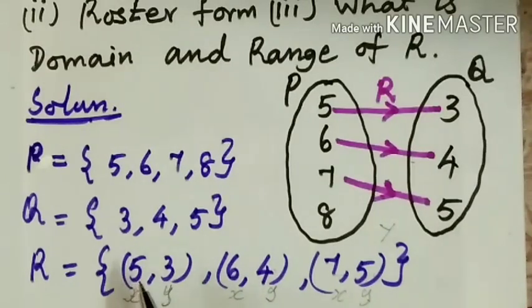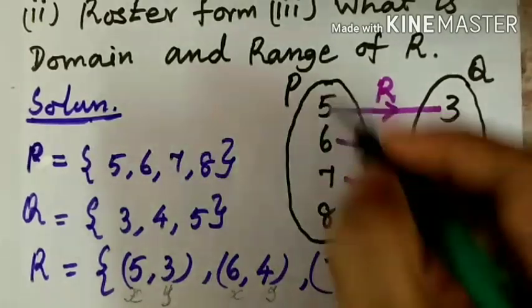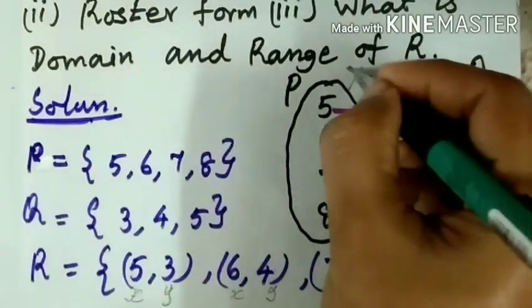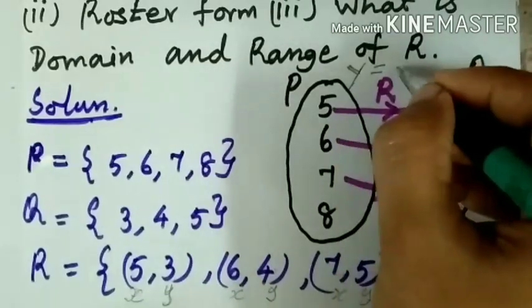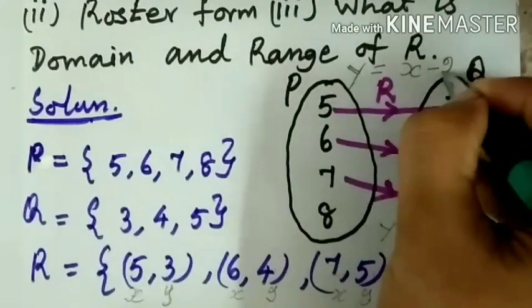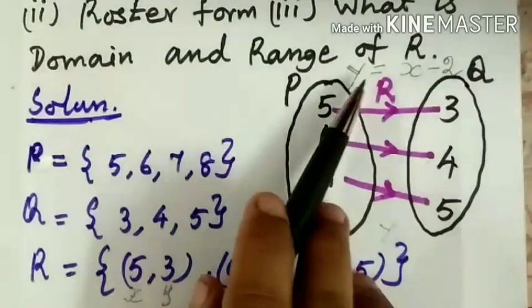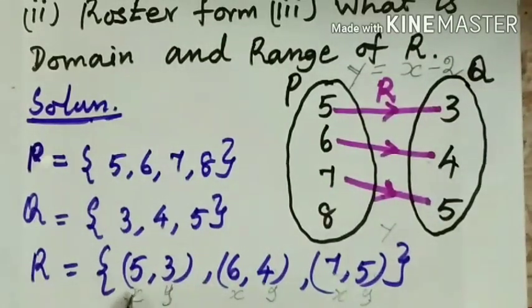So here you observe, 2 less than 5 you get 3, and here 2 less than 6 you get 4. Then 2 less than 7 you get 5. Then the relation is defined as y is equal to x minus 2.